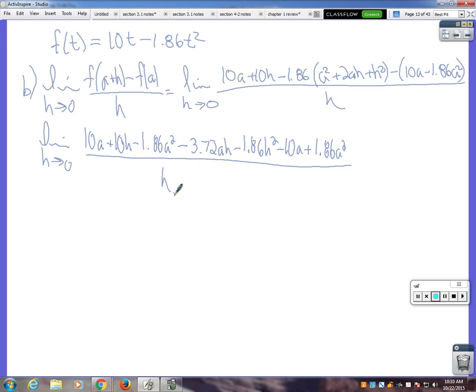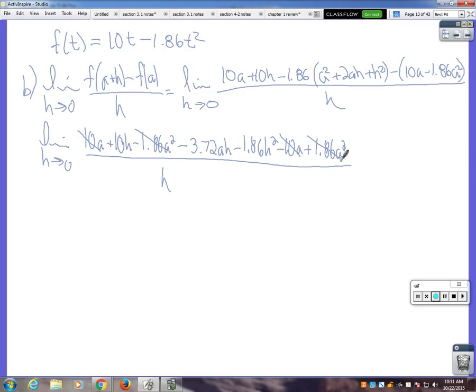That's so hard. The 10a cancels with the 10a. And that was Cameron, yep, good one. The negative 1.86a squared and the positive 1.86a squared also cancel.